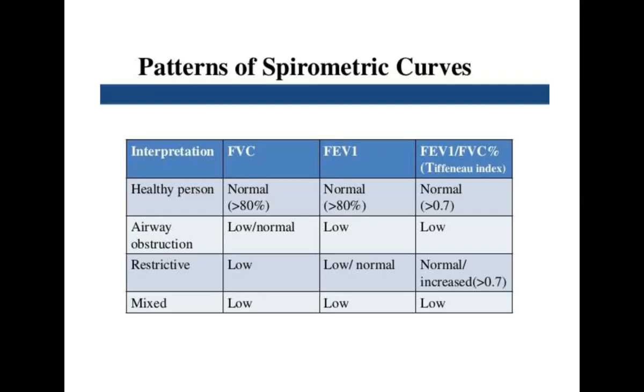Restrictive disease has a low forced vital capacity and a low or normal forced expiratory volume in 1 second, where the forced expiratory volume in 1 second divided by forced vital capacity percentage is low in airway obstruction, whereas in airway restriction it is 0.7, meaning normal or increased.